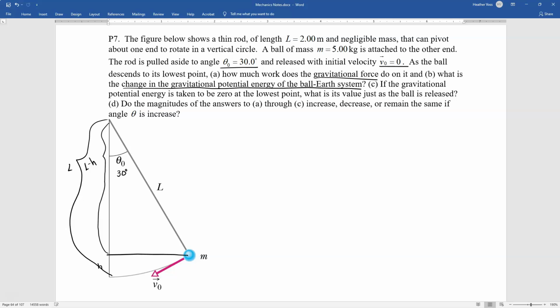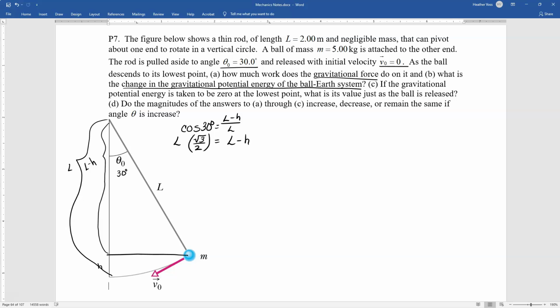If we use our trig, cosine of 30 degrees is going to equal (L minus h) over L. L is 2, but let's keep this in alphabet soup for a minute. Cosine of 30 is square root of 3 over 2. I'm going to multiply that by L, and that's going to equal L minus h.